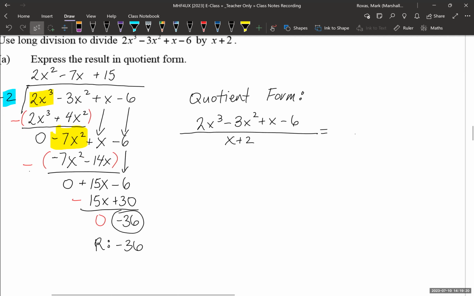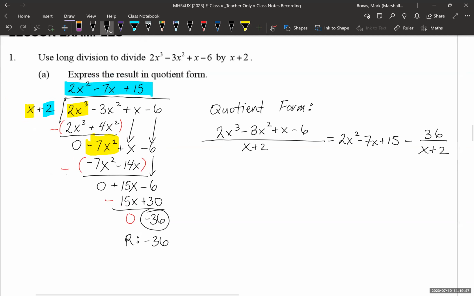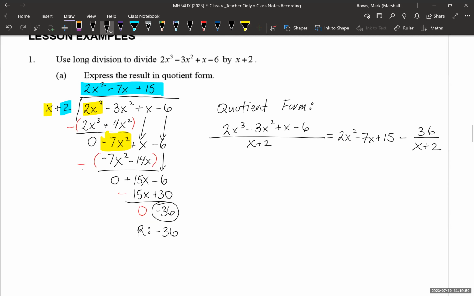And so what's our quotient? It's up here, 2x squared minus 7x plus 15. So 2x squared minus 7x plus 15 plus our remainder, or I should say minus our remainder 36 over x plus 2. Okay, and that is how we divide the polynomials.